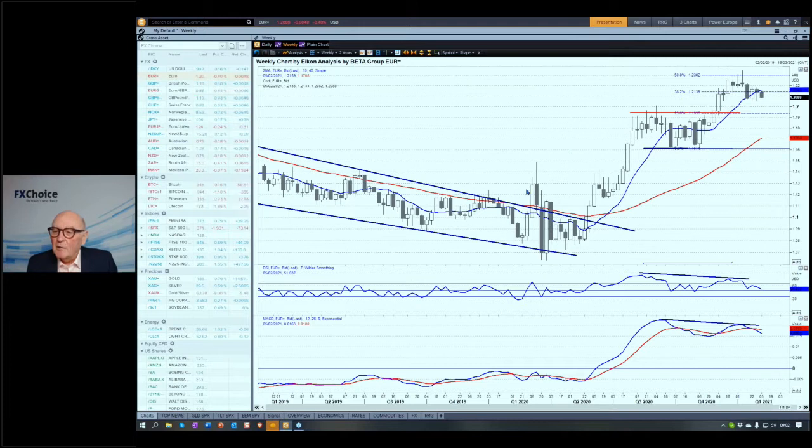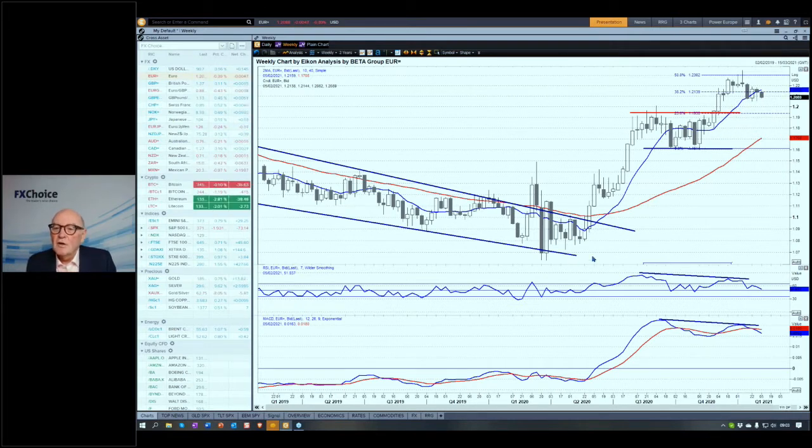I want to start with this one because this easing back of the euro was very much on the cards, and we saw the divergence, in fact, much too early. It came following this break to new highs at the start of the year. We got bearish divergences in the RSI and the MACD on the weekly chart.